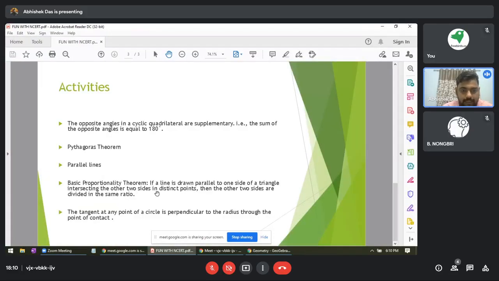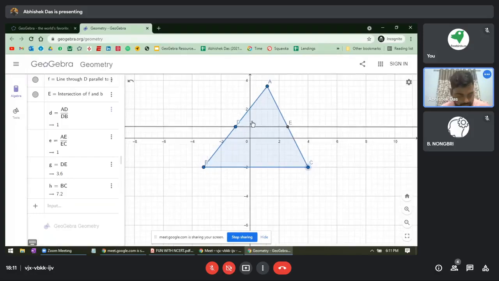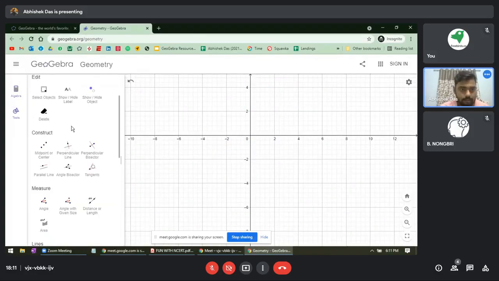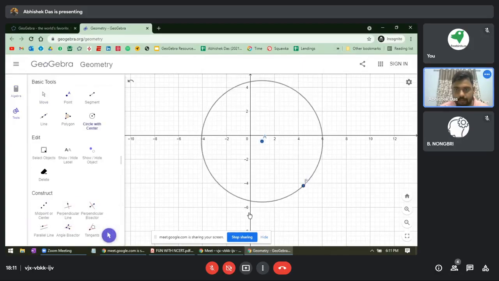The tangent at any point of a circle is perpendicular to the radius to the point of contact. Okay. Now let's go back to the circles. Delete all of this. We draw a circle. Now, let's draw a tangent through point B. Let me just drag it.